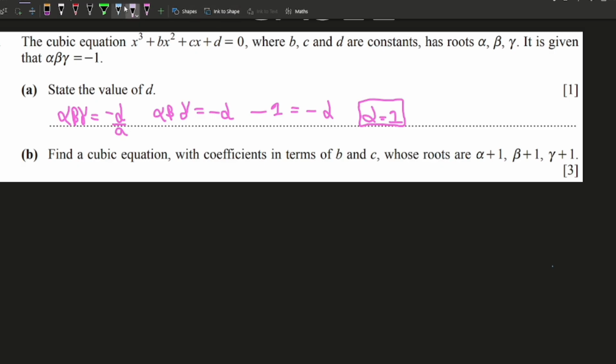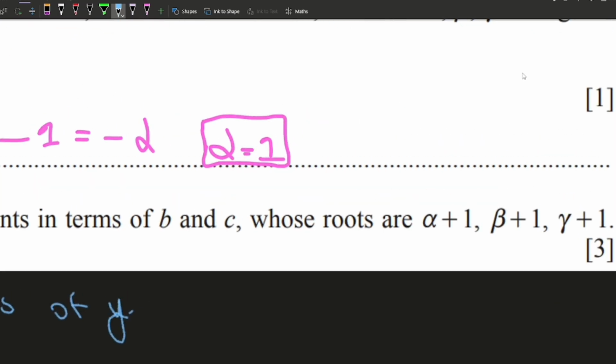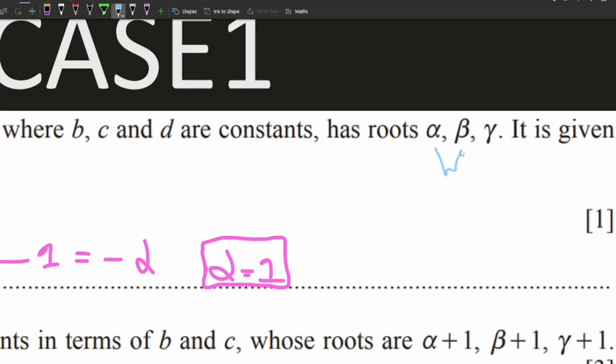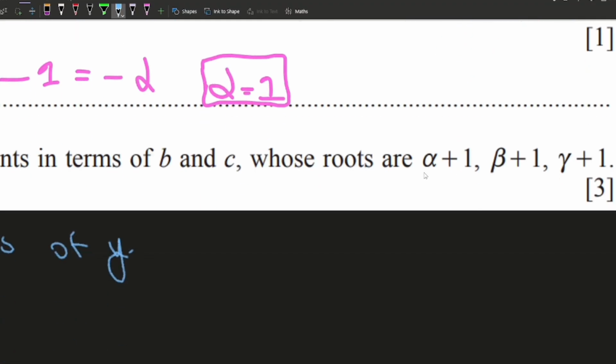So our objective is to write the equation in terms of y. And how can we do that? As we know, these roots are basically values of x, right? Here too, these roots are basically values of x.